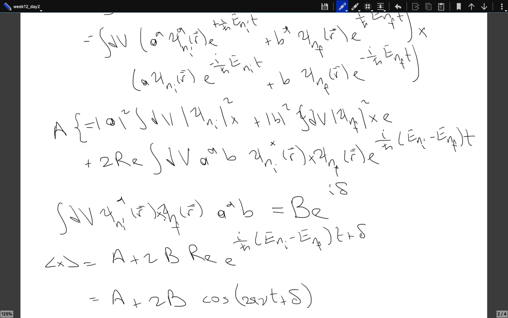So for b to be non-zero, a and b should be non-zero. But if they are during the transition, a and b will be non-zero anyway. But there's also this factor over here. For b to be non-zero, this integral should also be non-zero.